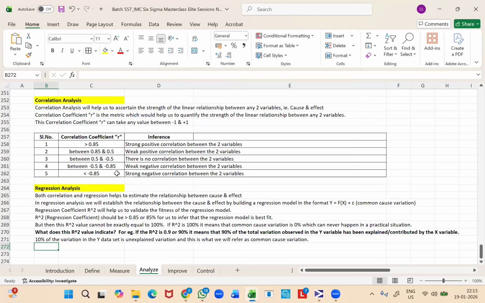In case of the control impact matrix, we will create a quadrant with control on one side and impact on the other side. The categories for control will be in control and out of control. Similarly, for impact, it will be high impact and low impact.